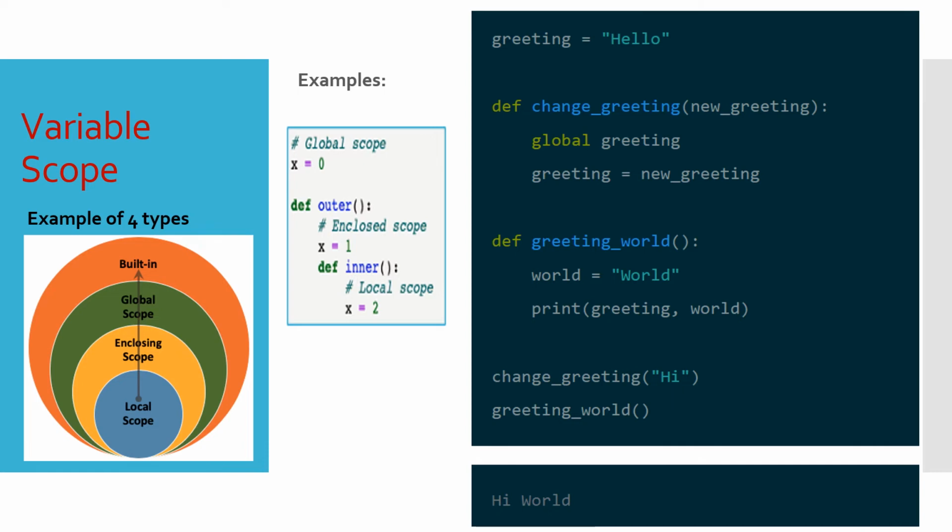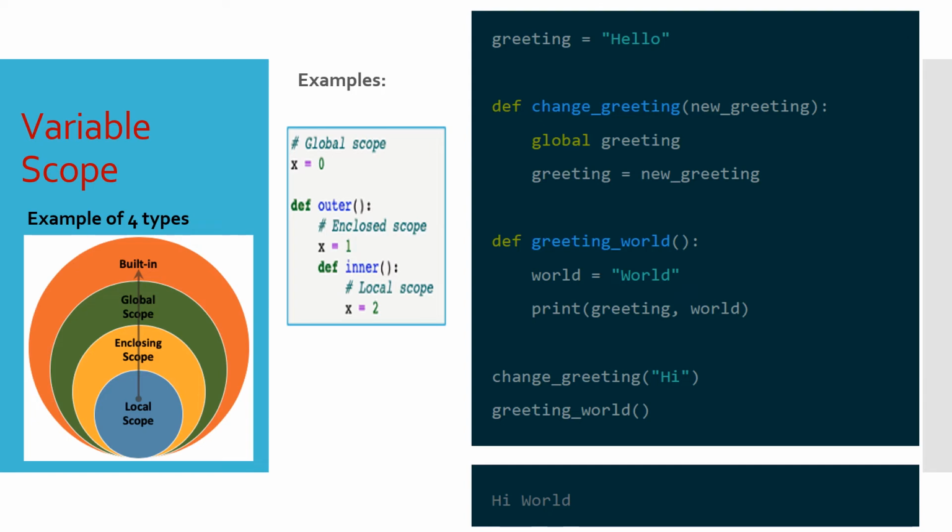But the next statement I've got is change_greeting, and I'm passing a variable of hi here. What I'm saying at this point is, okay, change the value of new_greeting to hi now. And then in the second line, I'm calling the function greeting_world one more time.